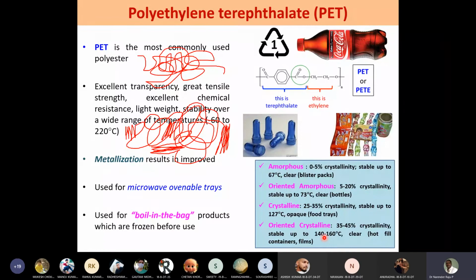Although we say that polyethylene terephthalate can withstand autoclavable temperatures, it depends entirely on the degree of crystallinity, and hence not all PET will be autoclavable.